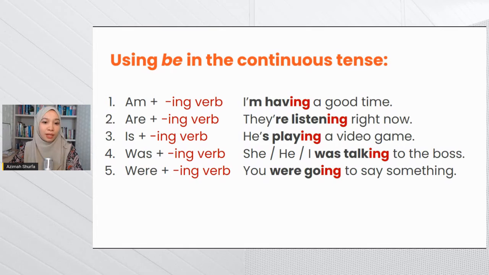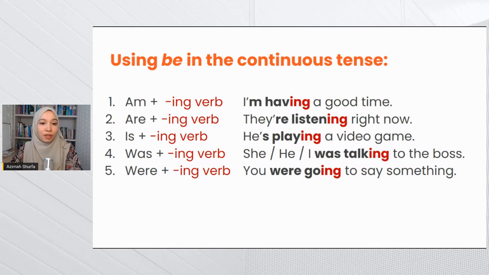What about are plus ing verb? An example is they are listening right now. Number 3 is plus ing verb. He's playing a video game. So as you can see there, I've contracted he apostrophe s for he is or she is playing a video game.